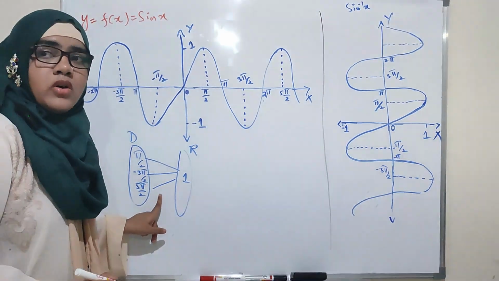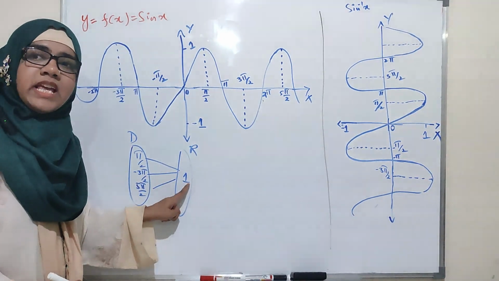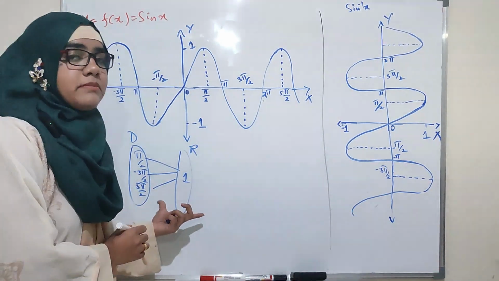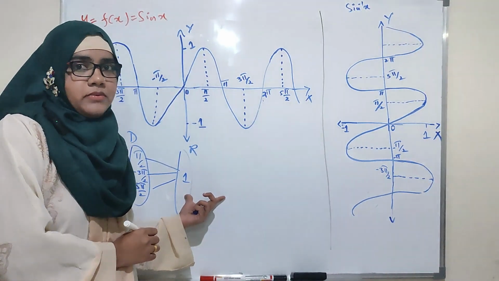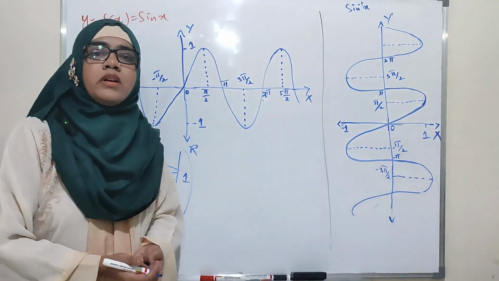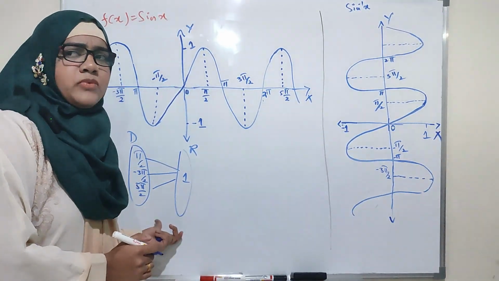That means for different values of x we are having the same image on the range, same image 1. So that means it is not a 1, 1 function.